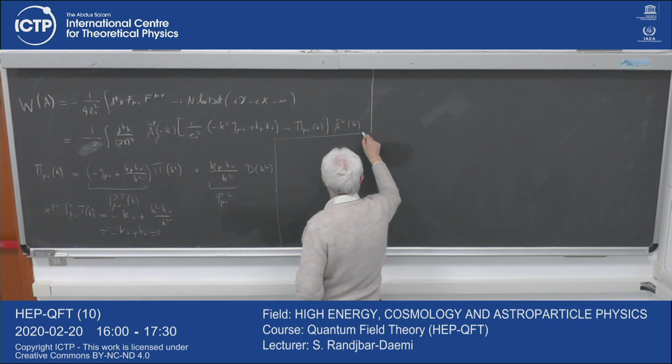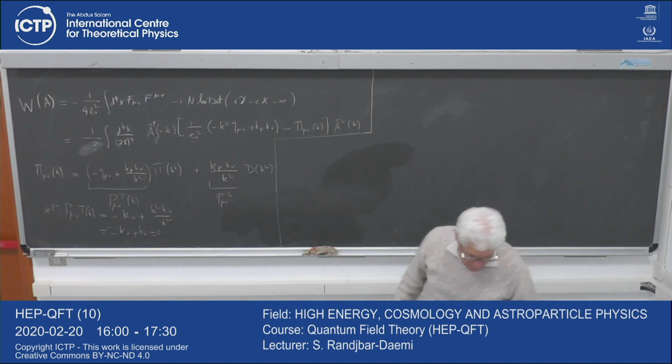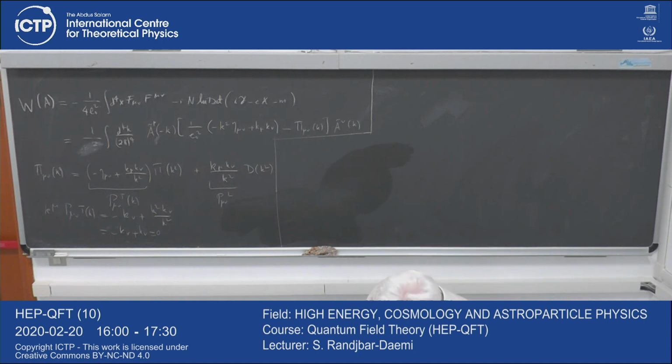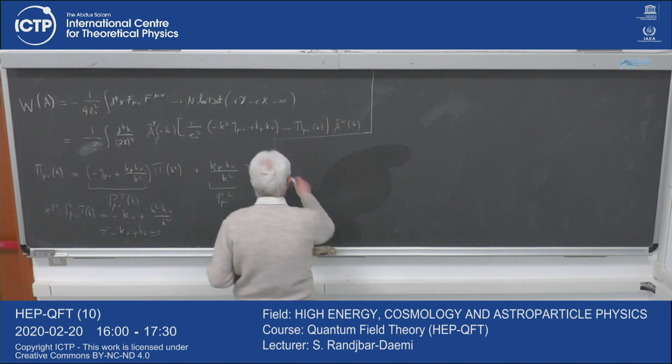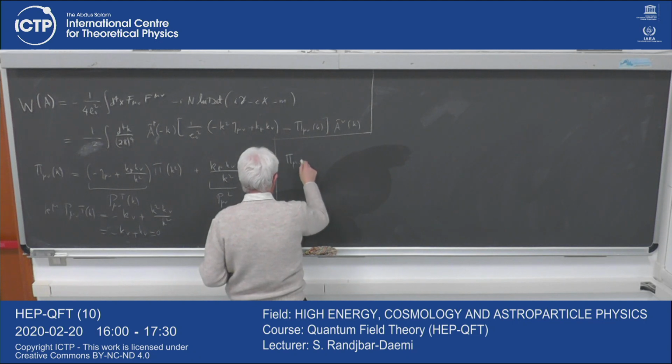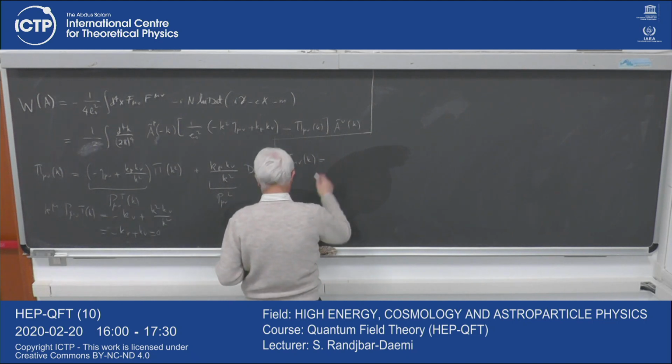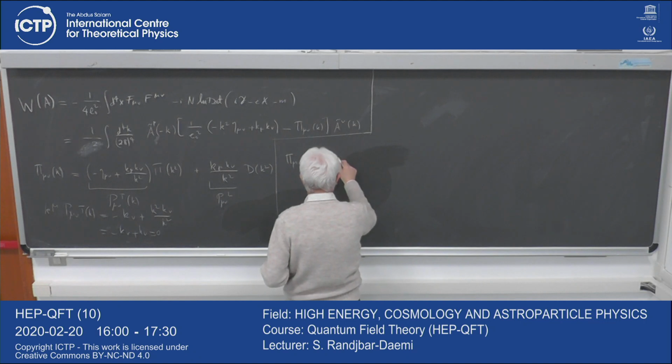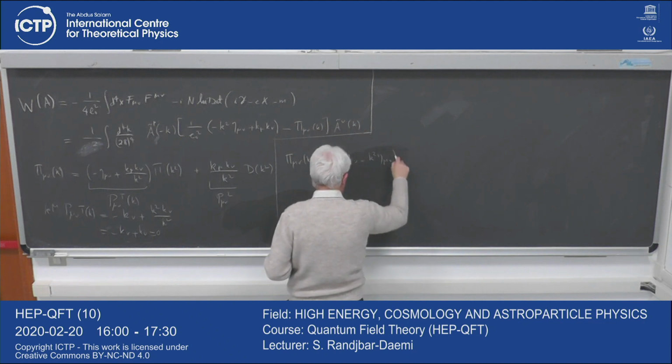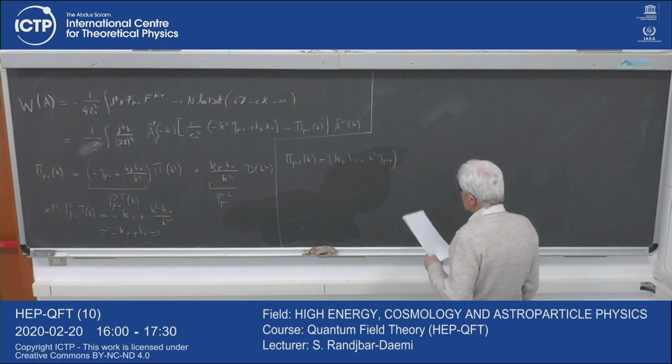The point to which we arrived was an explicit, final form for this pi mu nu, which, as I just mentioned, is proportional to this tensor, k mu times k squared times the tensor, times two terms.